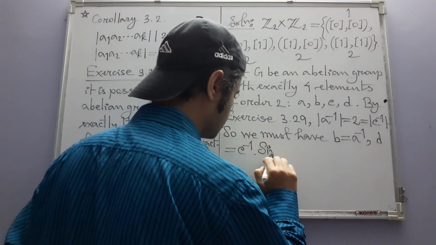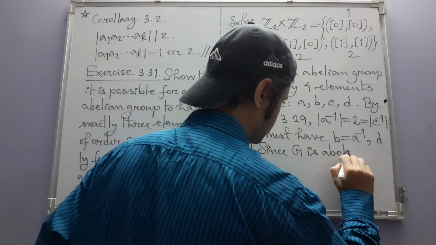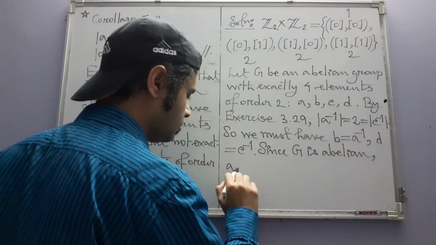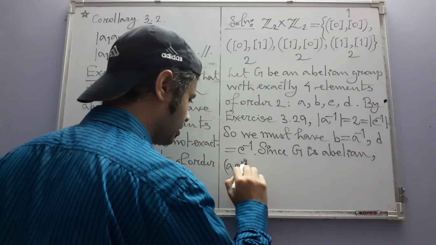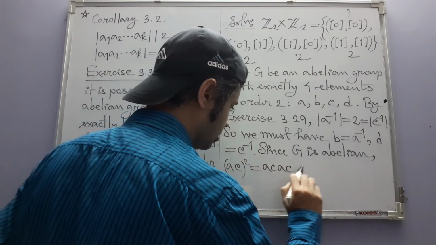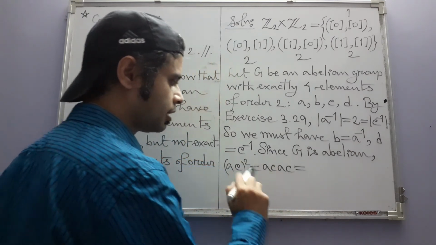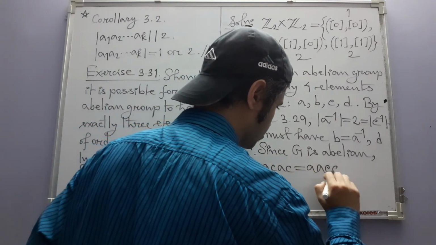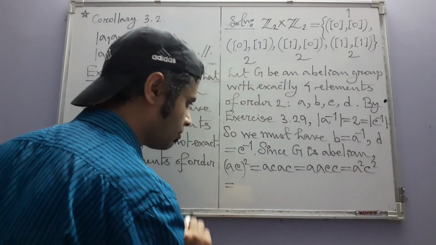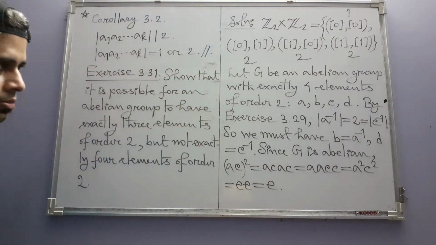Now since G is abelian, what happens if we calculate AC square? It is AC, but because the group is abelian, in place of CA you can write AC. So A square, C square. Now A and C both are of order 2, so their squares equal identity, so this is equal to identity.